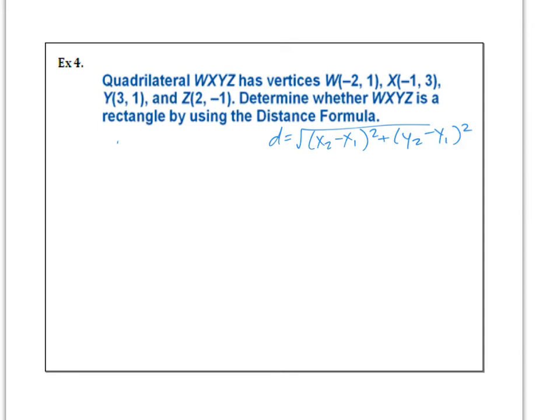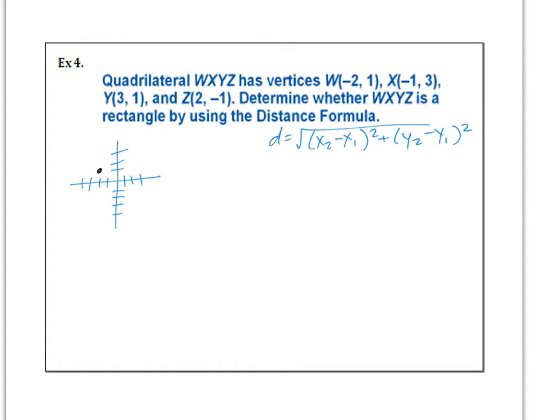Okay, I'm going to start by drawing a quick little sketch. I'm just going to make a little graph like so. And now I'm going to plot some points. W is at (-2, 1).